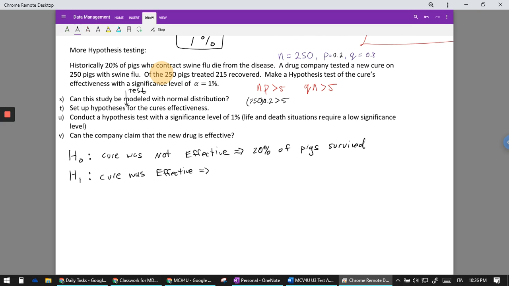If the cure was effective, then the other thing that happens is more than 20% of the pigs survived. Okay? Does that make sense?